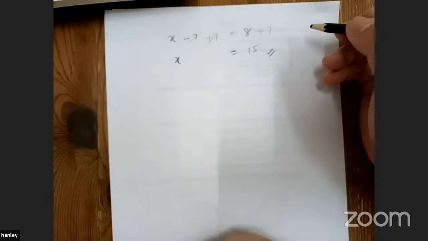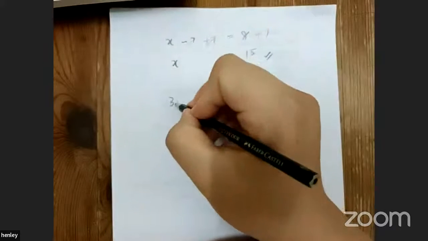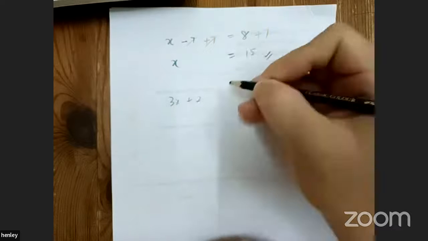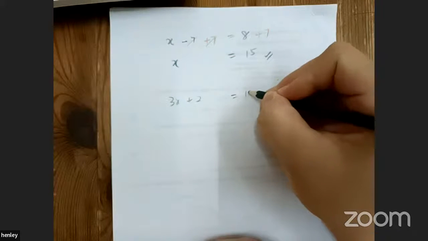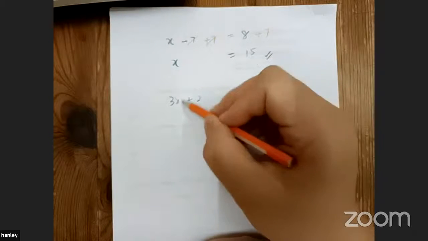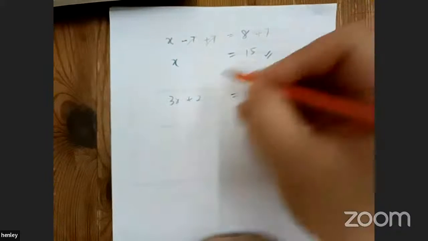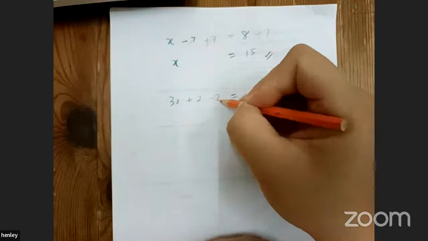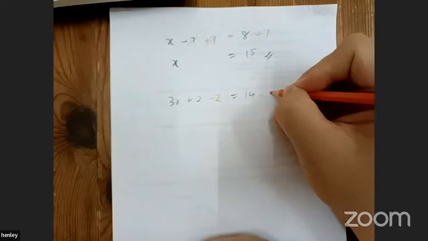If we deal with something which involves division, 3x plus 2 equal to 14, we need to get rid of this plus 2. So we do negative 2 here. What I do on my left, I do on my right.